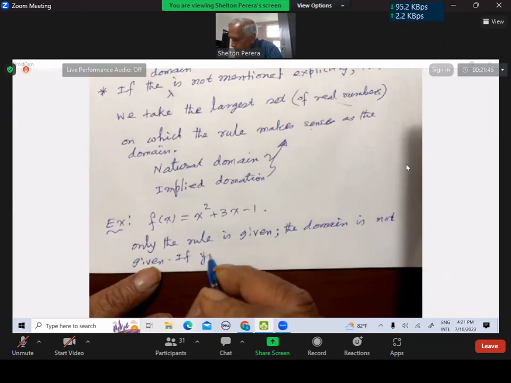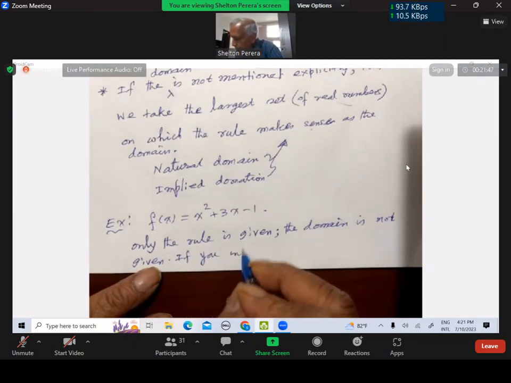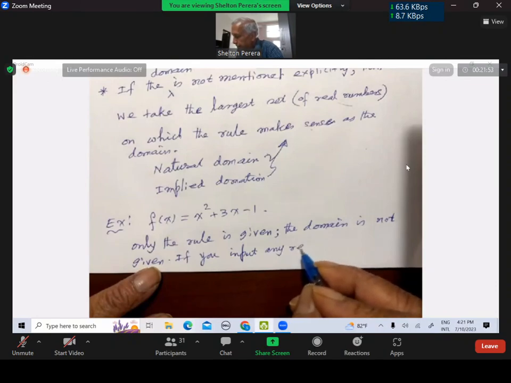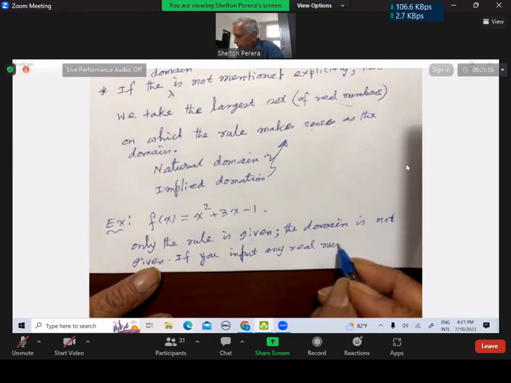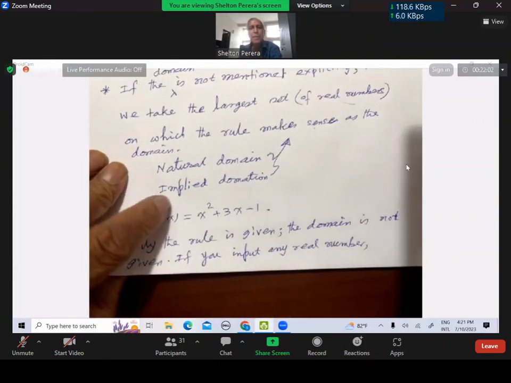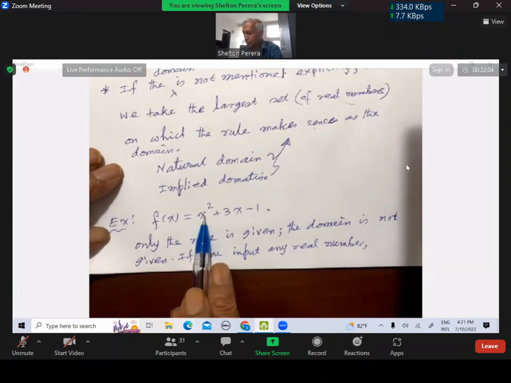If you input any real number, you get a real number as the output.